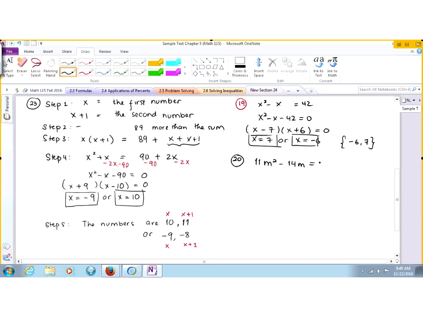Number 20. 11m squared minus 14m is equal to 0. What am I supposed to do first? Factor out an m. And we're left with m times 11m minus 14 equals 0. So what is m equal to? 0 or 11m is equal to 14.